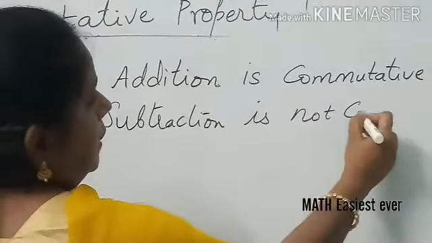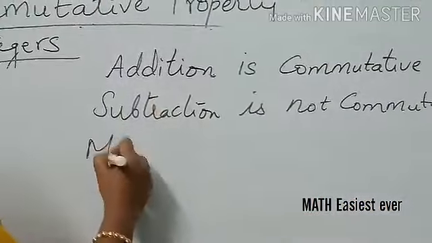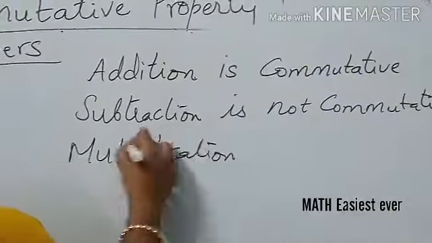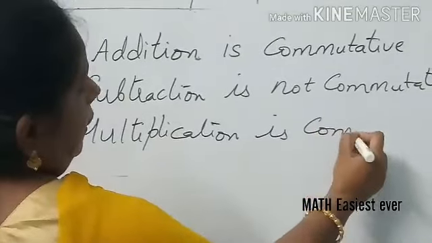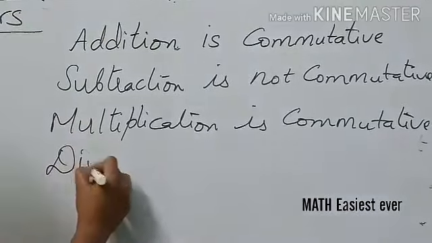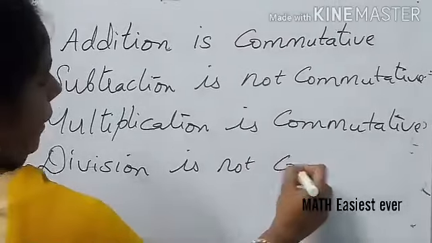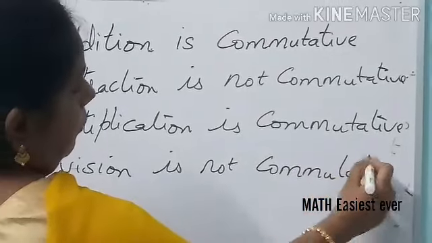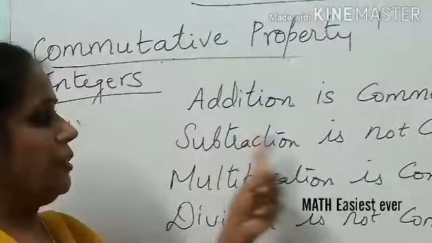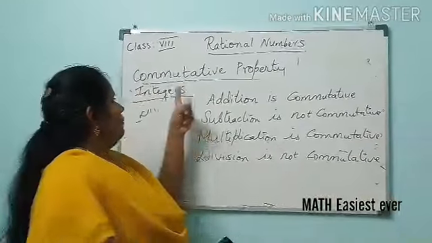Multiplication is commutative. And what is division? Division is not commutative. It's also the same as whole numbers. Addition is commutative, subtraction is not commutative, multiplication is commutative, division is not commutative for integers.